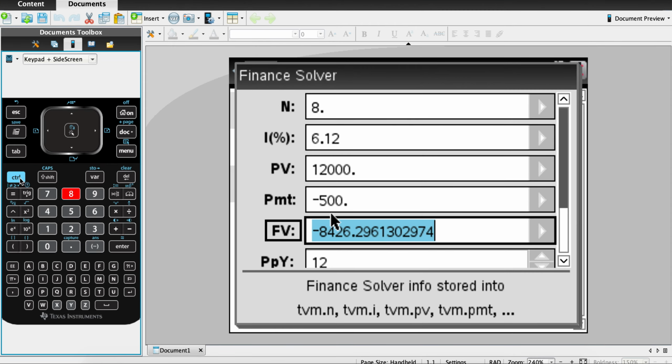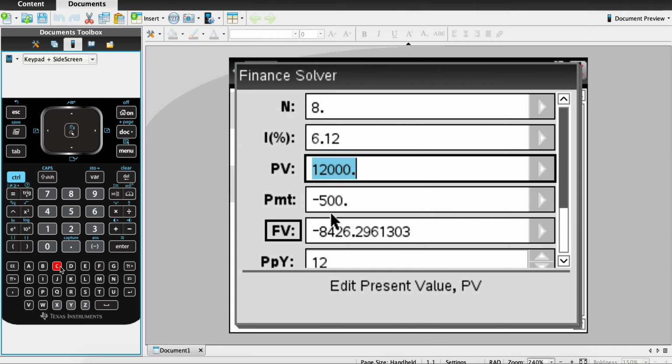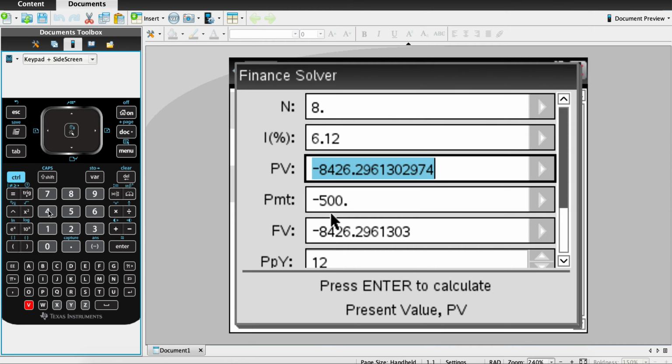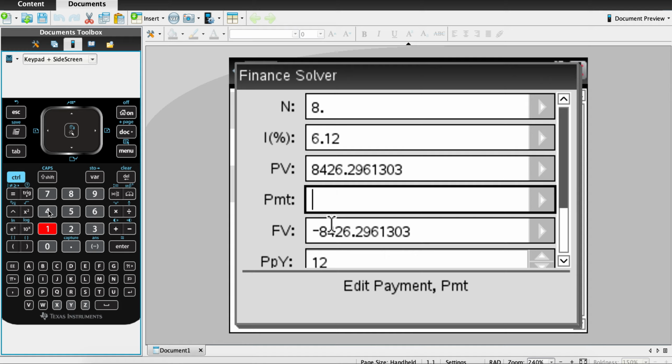I'll press Control C to copy that value, move up here and press Control V. At the moment that is negative, and I need it to be positive since it's the start of the loan. So I times it by -1 and press Tab, and that will change the sign. Now the payment has changed as well. That's got to be -850.